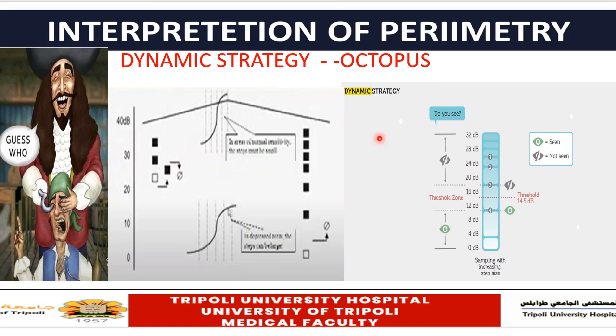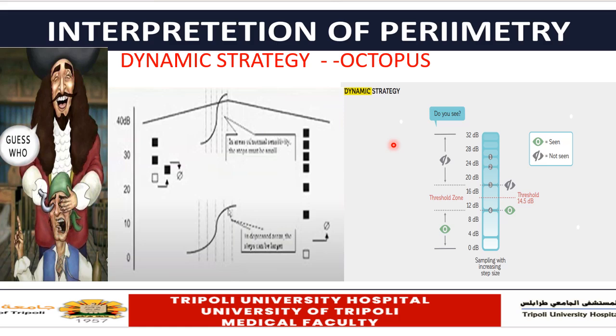However, the border for threshold sensitivity is crossed only once instead of twice. It mainly depends on the principle that the initial stimulus is projected to the central area with high sensitivity, and when the initial stimulus is seen by the patient, the next successive stimuli will be decreased in small intervals, that is small decibel steps between 1 to 2 decibels.